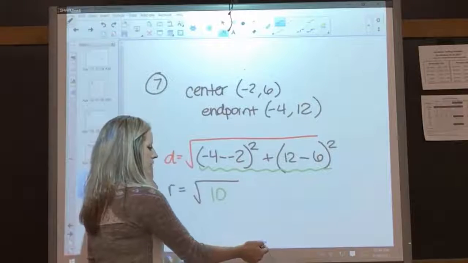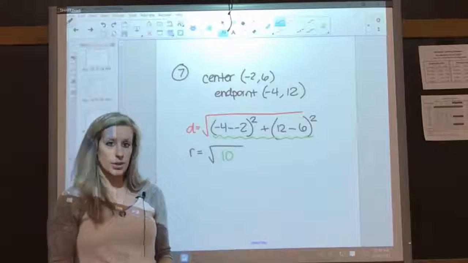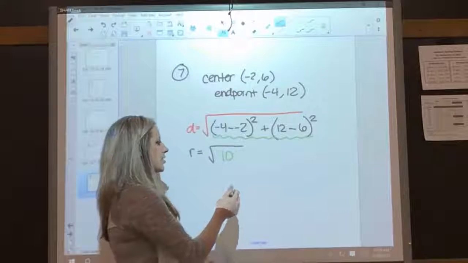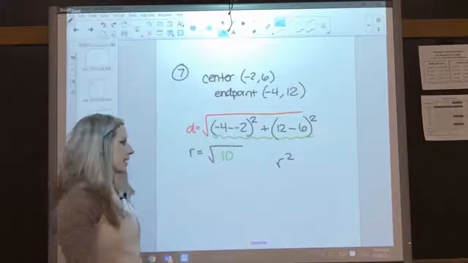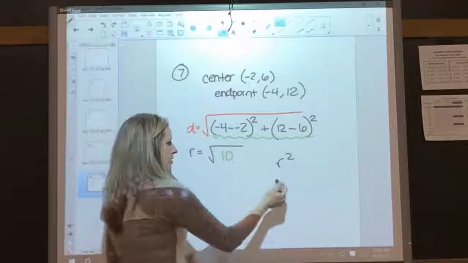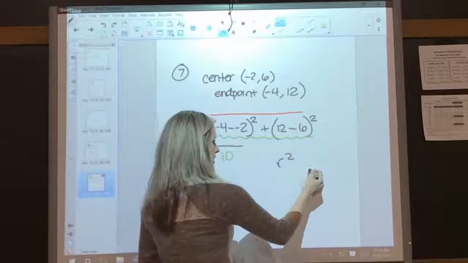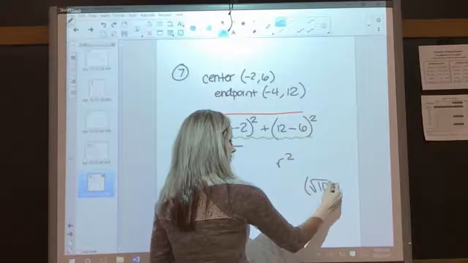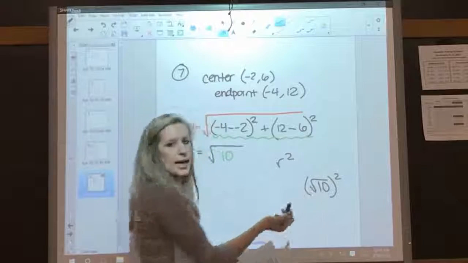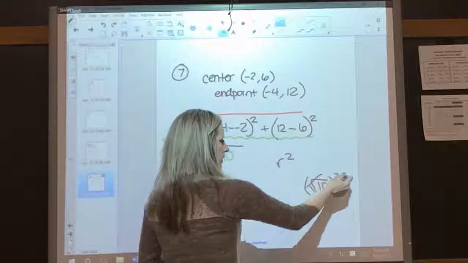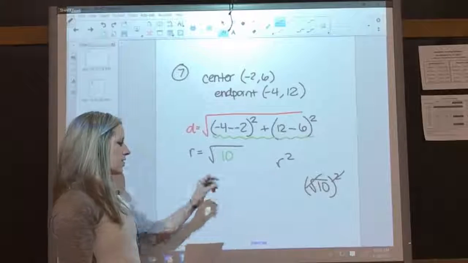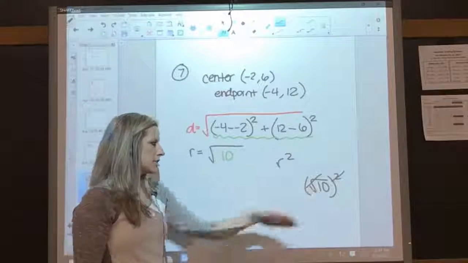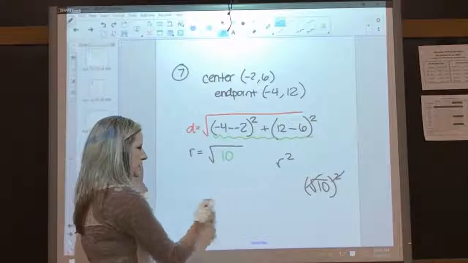Now the reason I didn't want you to square root it yet is because in our equation, we're going to need r squared, right? If I take my radius, square root of 10, and I square it, what's going to happen is my radical and my squared are going to cancel each other out. So in my equation, I'm going to put equals 10.